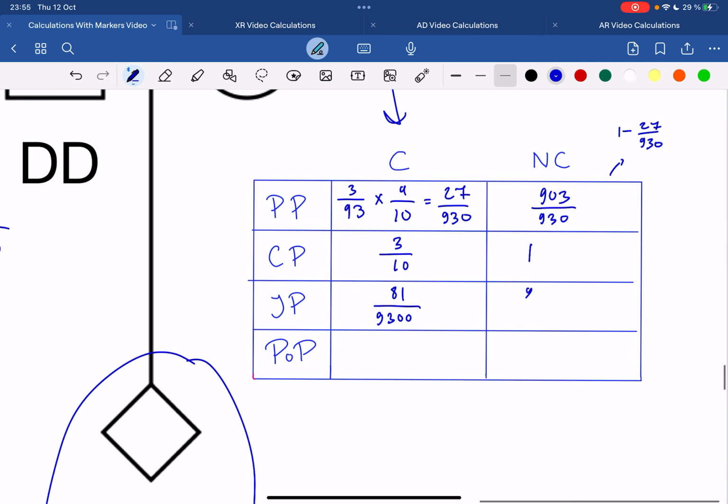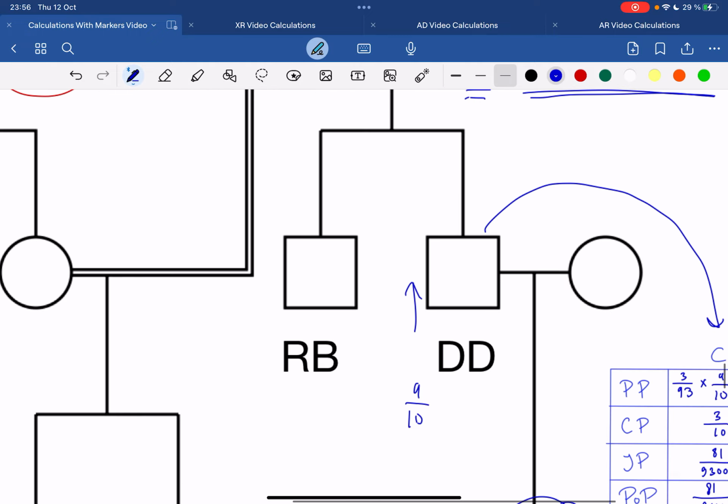And here will be 90,030 over 9,300. I just took this times 10, both of these. And now we can easily take the numerator up top, divided by the numerator plus the numerator here, which would give us 9111. So the chance for this person to be a carrier is 81 divided by 9111.